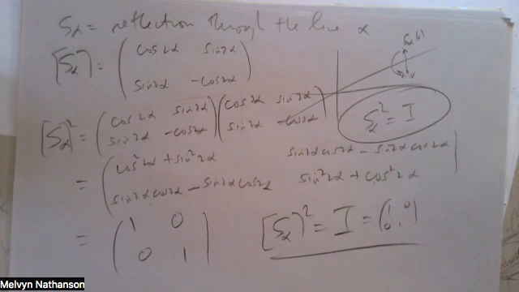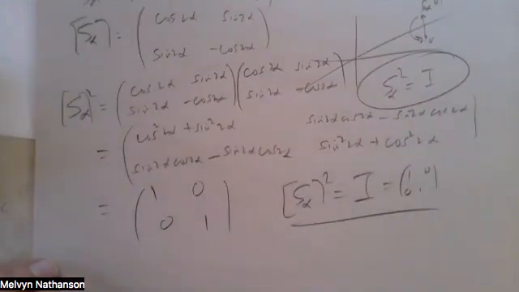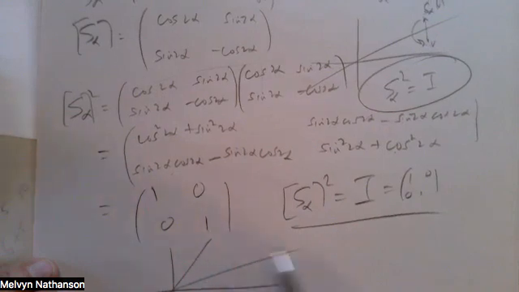And in fact, you can prove another very nice geometrical fact. Suppose you have two lines. This is some line, reflection through alpha. This is a line, reflection through beta.